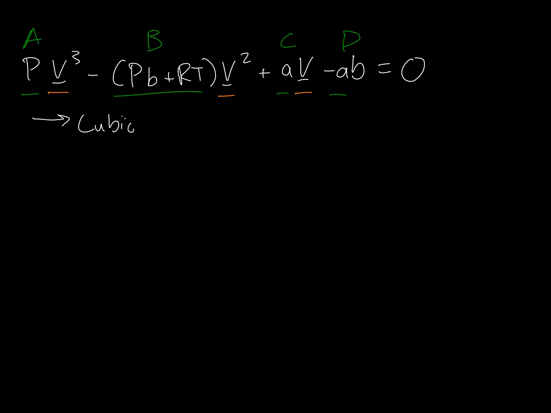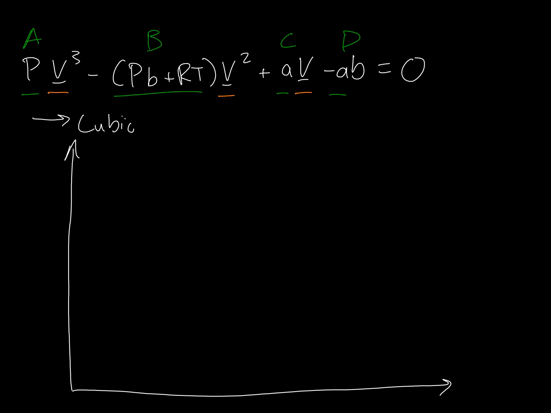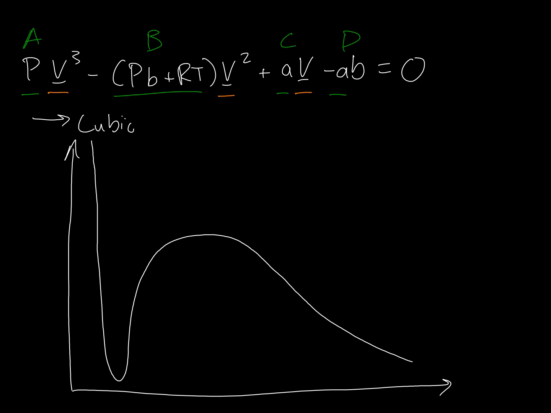So if we are to draw out the cubic equation of state, it should look something like this, and in the homework that I will be assigning shortly, it looks a bit like this. So we have pressure and volume.